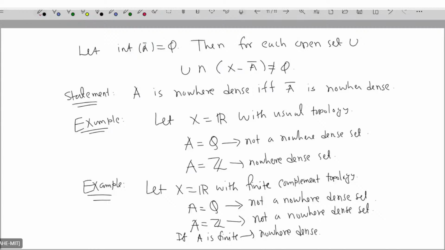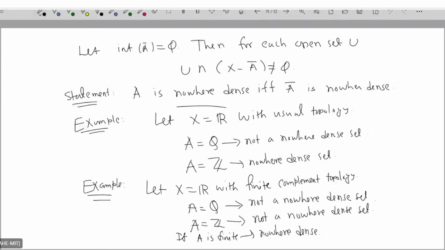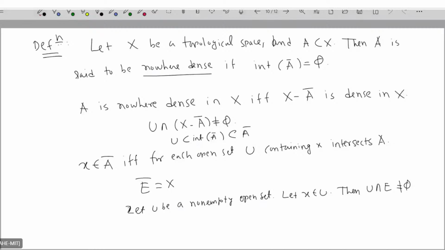In the previous statement, if A is nowhere dense, then X minus the closure of A is dense. Suppose some set is dense in X. Now you have not nowhere dense.